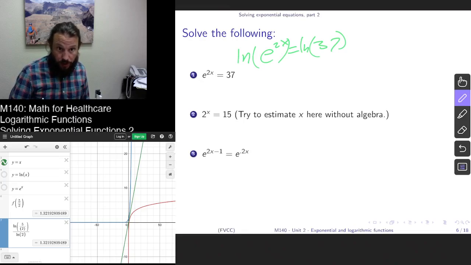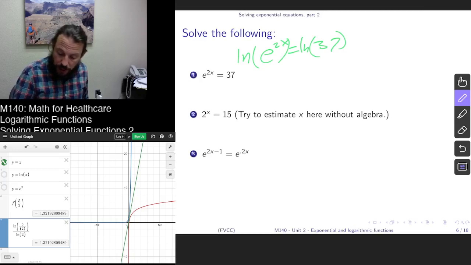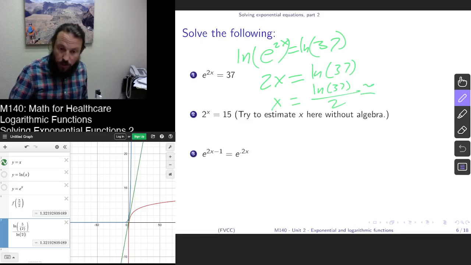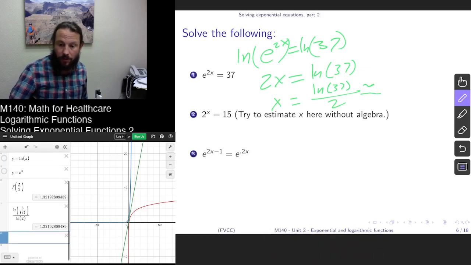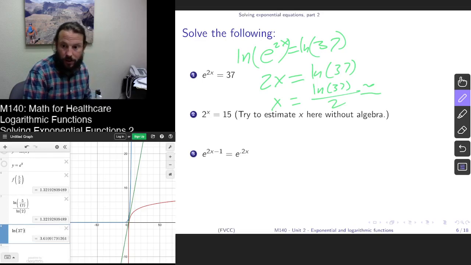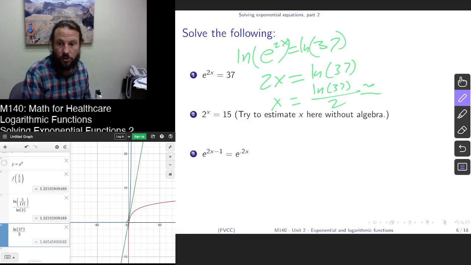And now, what's the natural log of e to the 2x? Those are the same bases, so that just ends up being 2x, equal to the natural log of 37. So x equals the natural log of 37 divided by 2, which is approximately, I'm going to have to plug that one in my calculator, but you could find the natural log of 37, and let's see here, divide by 2.